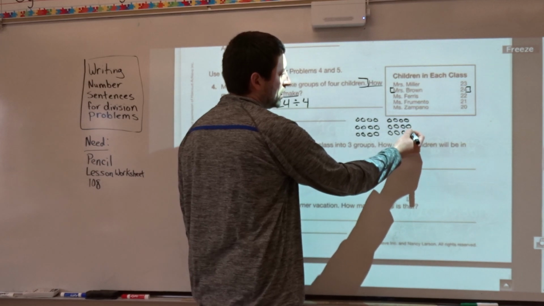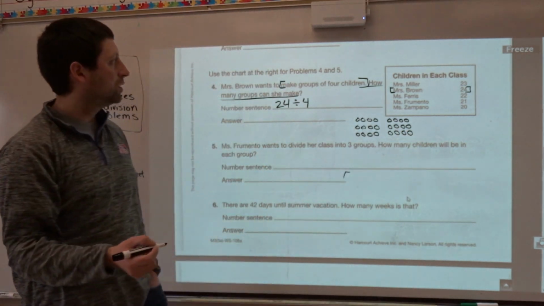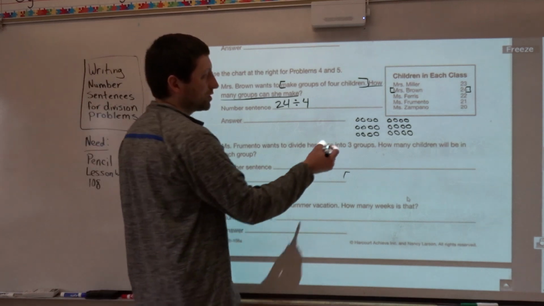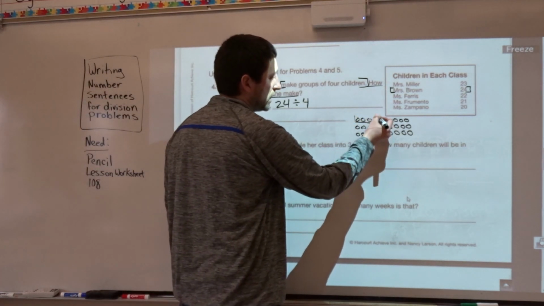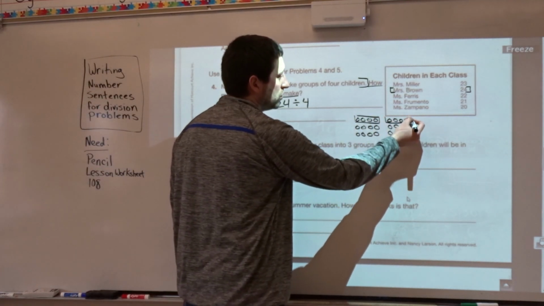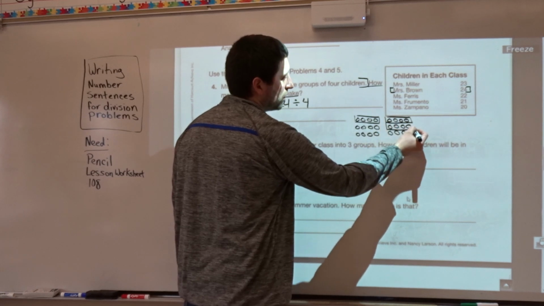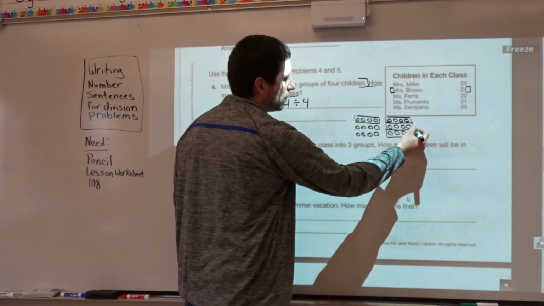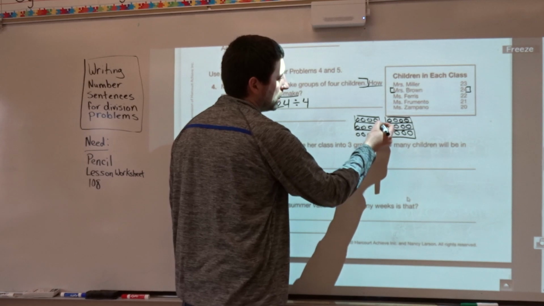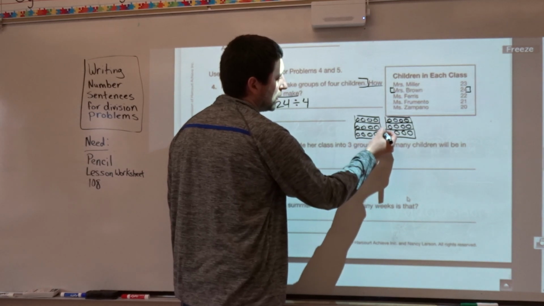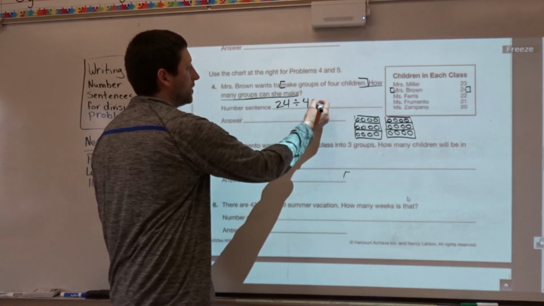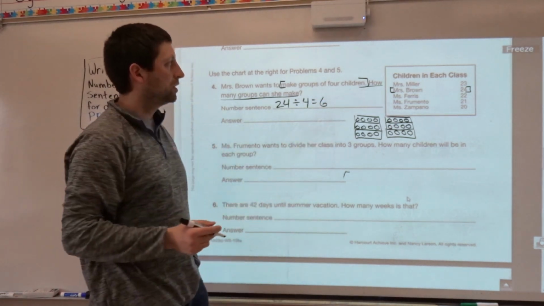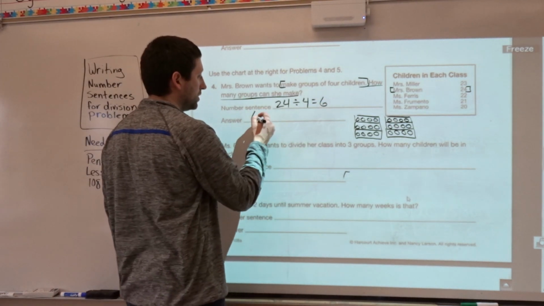And 24. So I drew them in groups of 4. I'm just going to go ahead and put a box around that so you can see that. There's 1 group, 2 groups, 3, 4, 5, and 6. So 24 divided by 4 is 6 children.